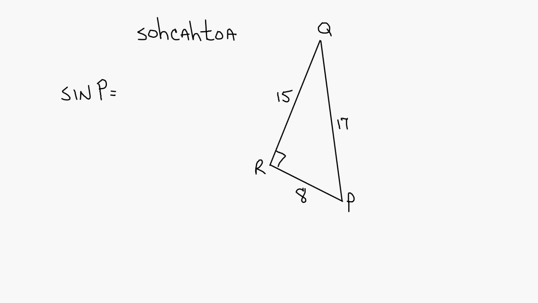The side opposite of angle P is 15. And the hypotenuse is 17. And they asked for it rounded to the nearest hundredth. So second, fix 2 in the calculator. And then take 15 and divide it by 17. You should have 0.88.